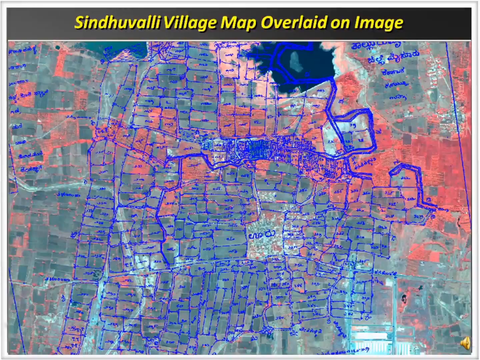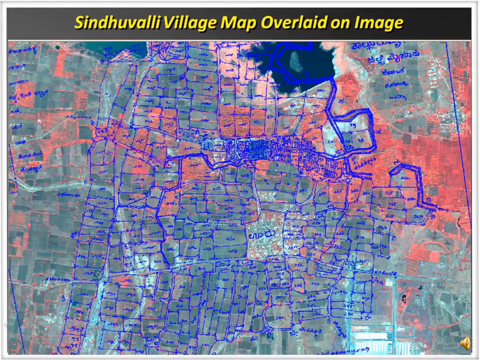Similarly, it is possible to integrate a number of cadastral maps after suitably georeferencing, and they can be overlaid on a satellite image with a vector layer for analysis, as shown in the slide with blue lines.